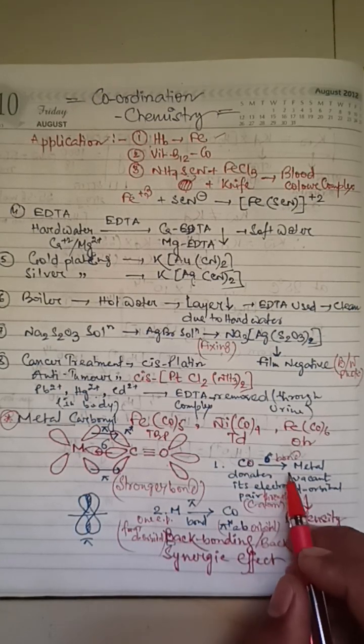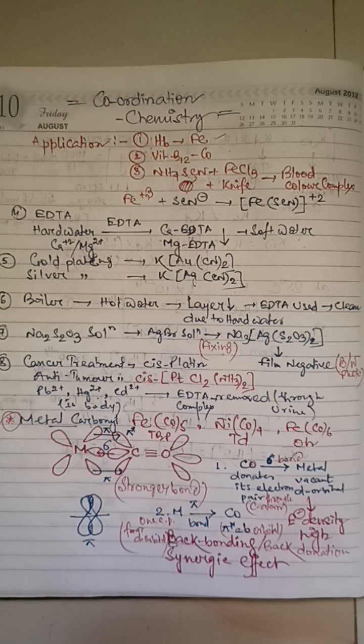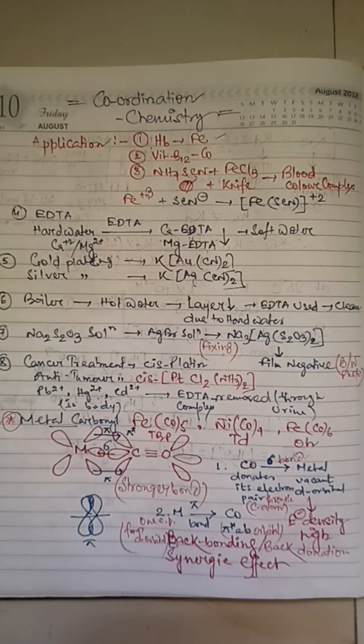Again, when this sigma bond occurs, it increases the electron density over the metal, and this high electron density helps the metal form a pi bond by donating its electron from a particular d orbital to the pi star anti-bonding orbital of the carbonyl group.